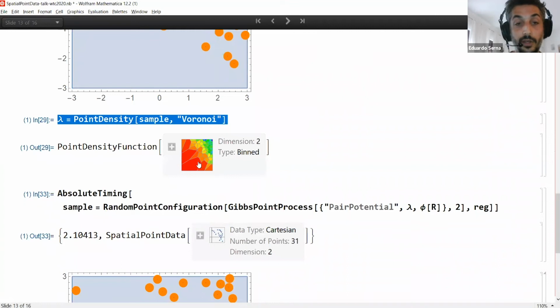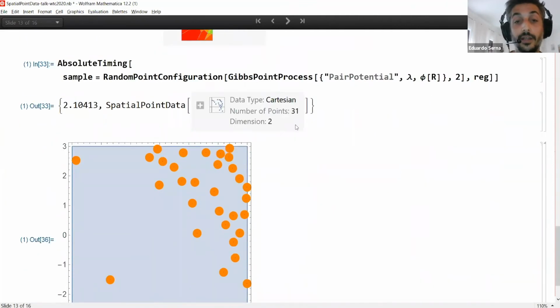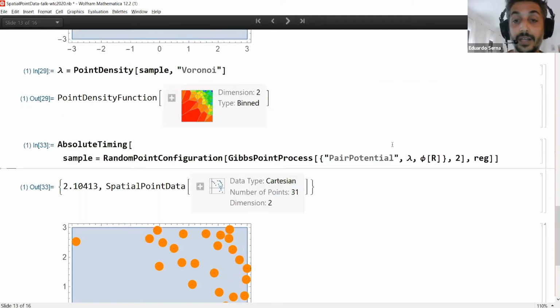We can also compute the point density of this sample using, for instance, the Voronoi density, and we could use this to generate new data. This would be less exact, but what I'm saying is that the Gibbs point process also takes non-parametric densities, because this just behaves like any other function.